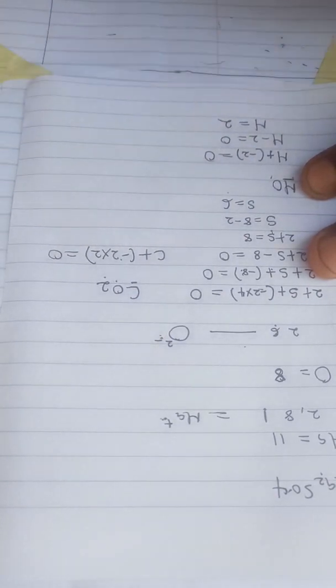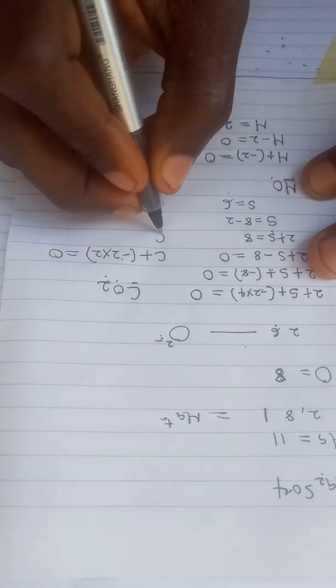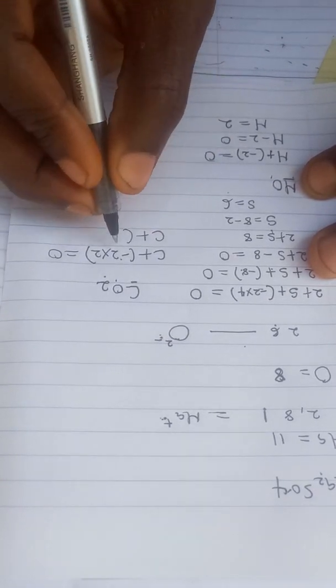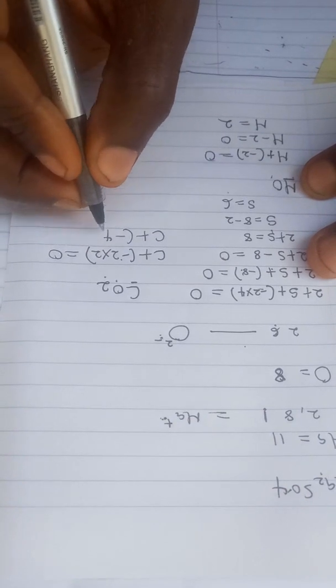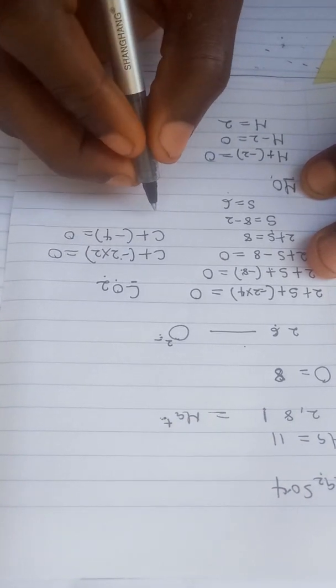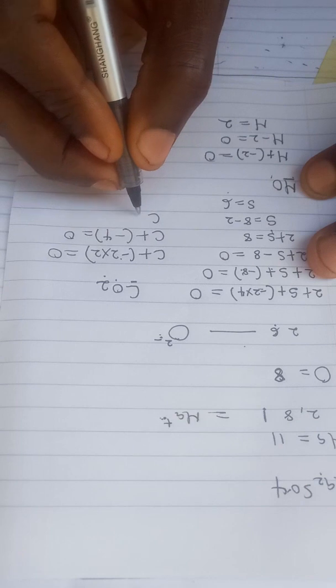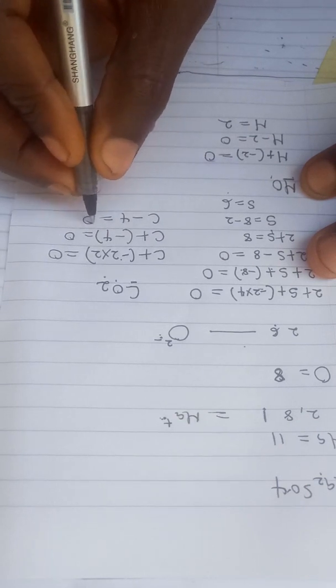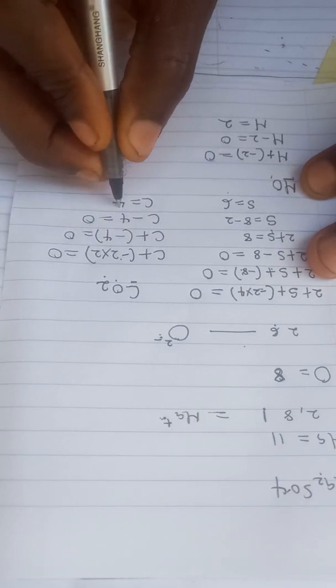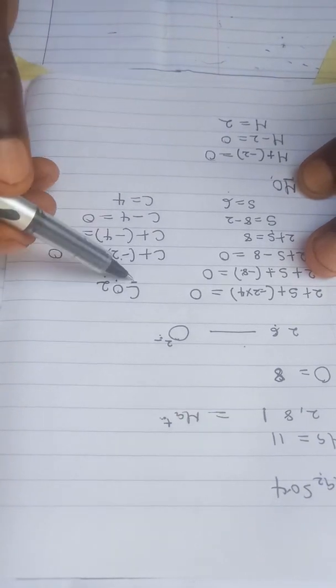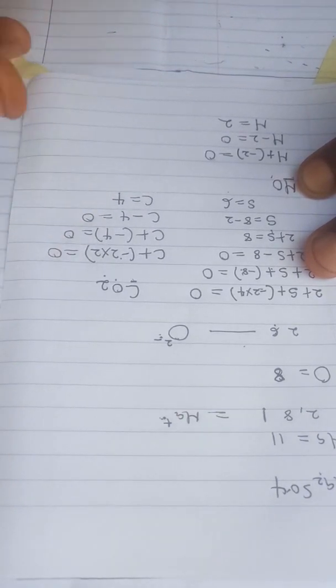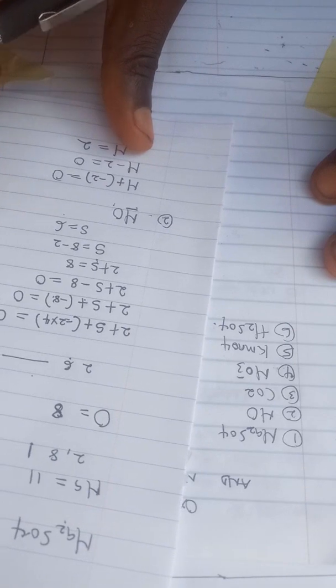Everything will be equal to 0. So we have carbon plus, open bracket, minus 2 times 2, we have minus 4 is equal to 0. We have carbon to be equal to 4. So here the oxidation state of carbon in CO2 is 4. So let me take another example.